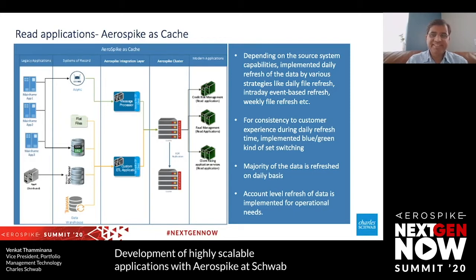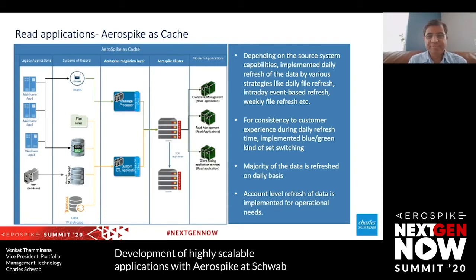So we set up Aerospike clusters, and we built this Aerospike integration layer, which essentially talks to the systems of record, whatever the legacy applications are writing to the database. Mainframe writes to DB2, and there are distributed applications that are writing to SQL Server.